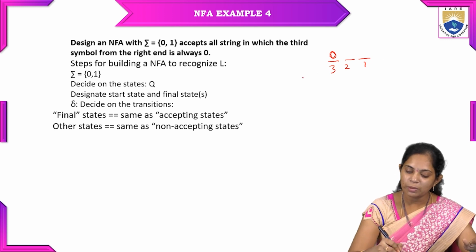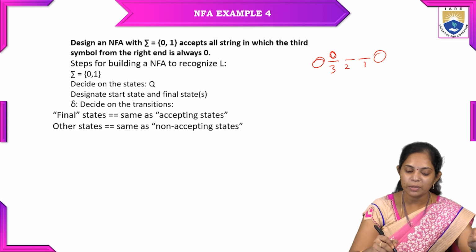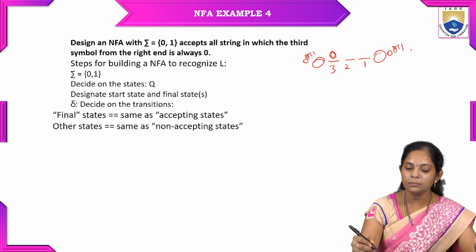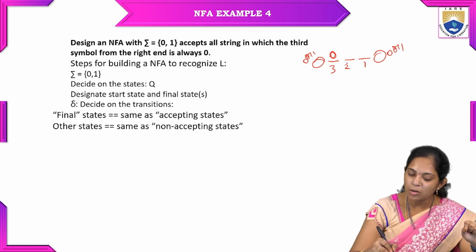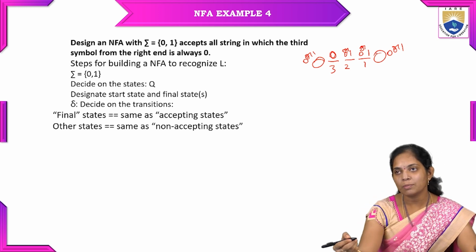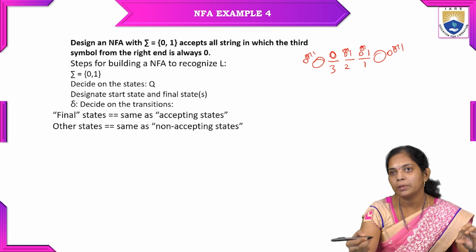There is no limitation on the starting and ending, in the sense we can place 0 or 1. The second symbol also can be either 0 or 1, and the first symbol also either 0 or 1.